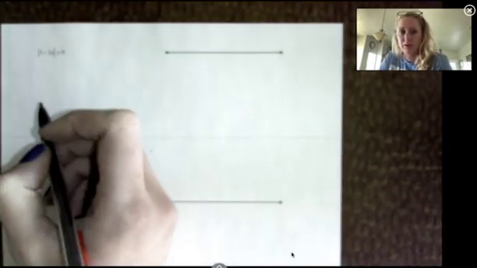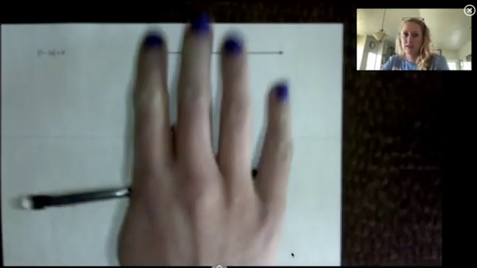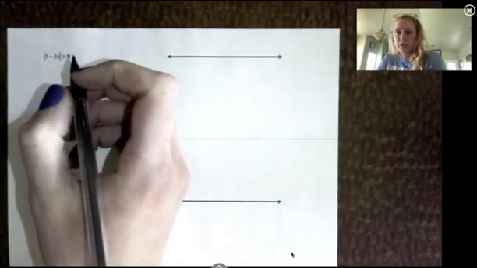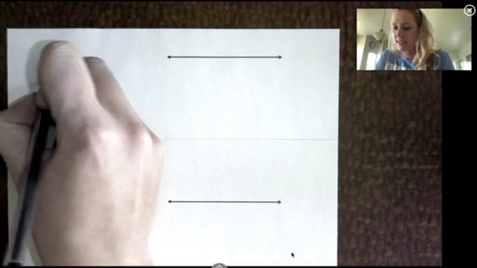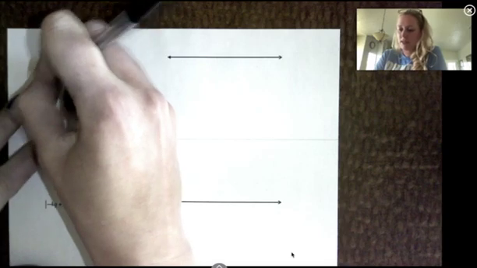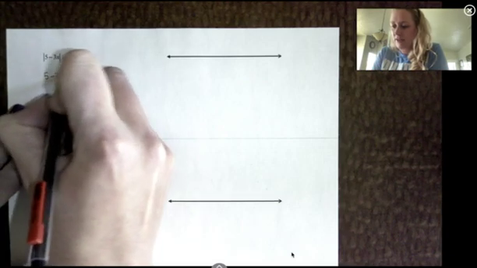Okay, so I'm going to set up two inequalities with "or". I'm going to do 5 minus 3x is greater than 9.